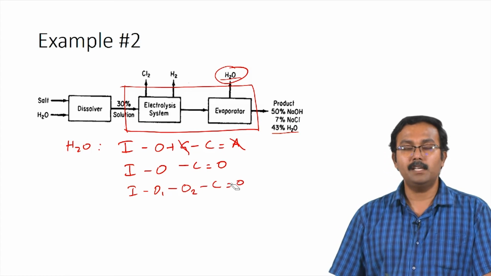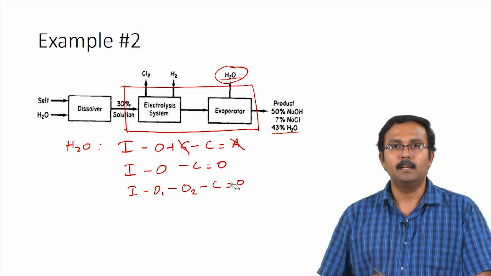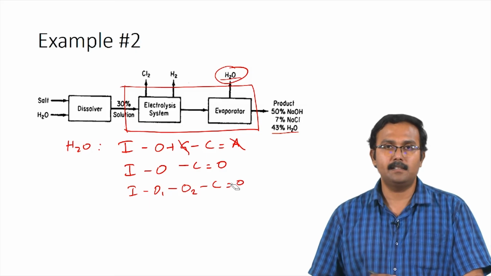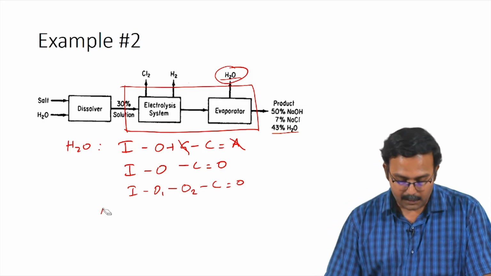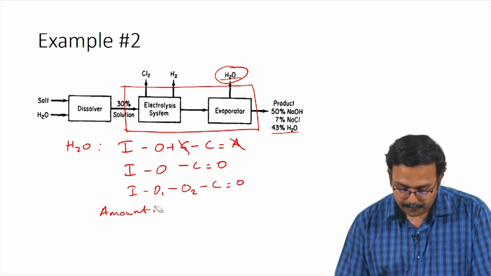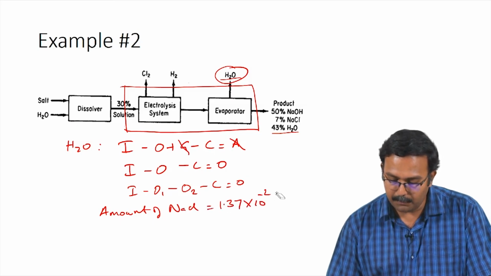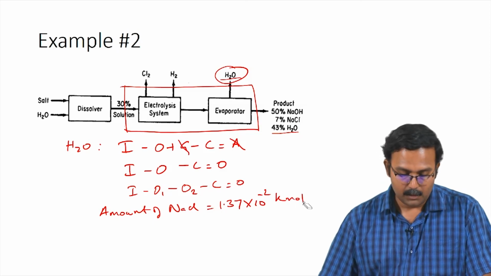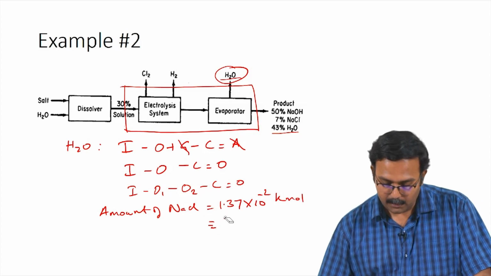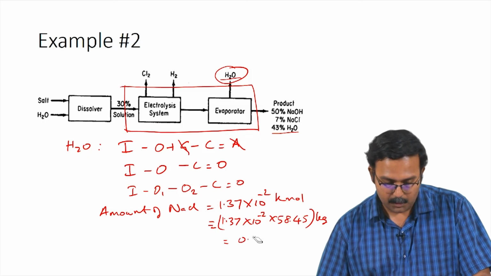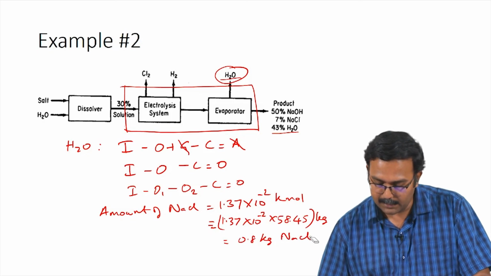Now, we need to know how much water is entering into the system. What information do we have? We know the amount of NaCl which is entering the system. We already did this calculation, and the amount of NaCl entering the system is 1.37 times 10 power minus 2 kilomoles. So, this would be 1.37 times 10 power minus 2 times 58.45 kilograms, which is 0.8 kilograms of NaCl.